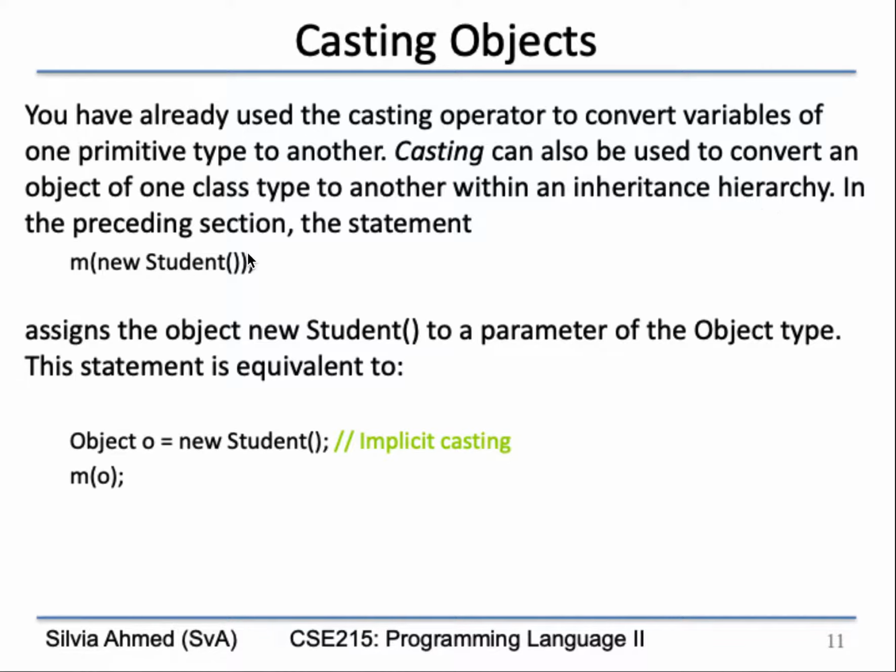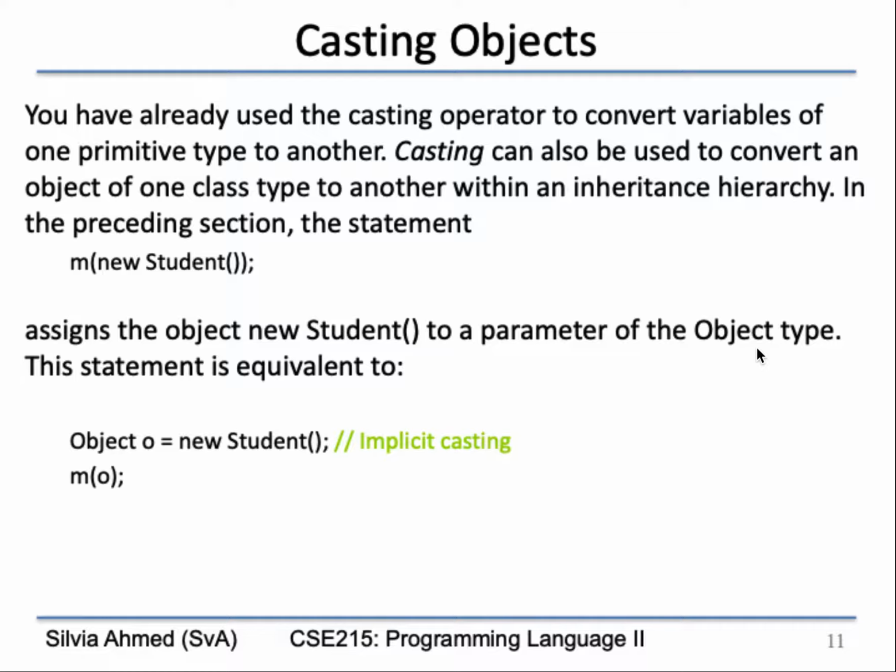In the preceding section, when we invoked the method M and passed a new student, that means a student object as a parameter, we already assigned an object of type student into a parameter of type object.